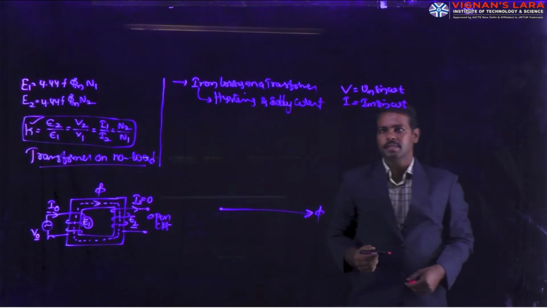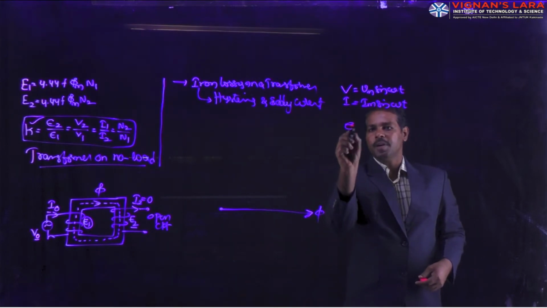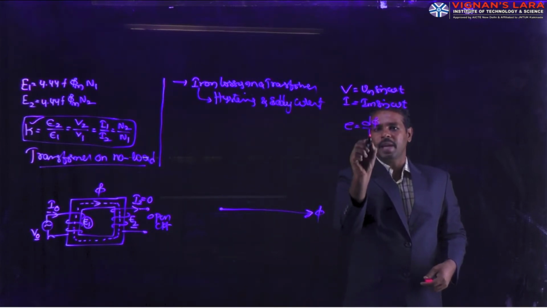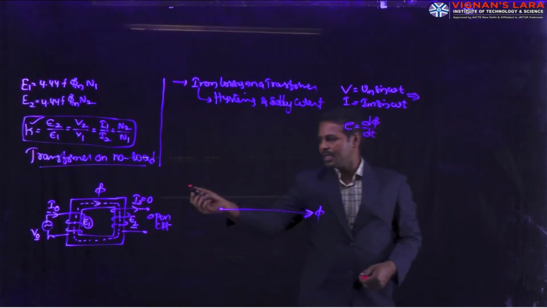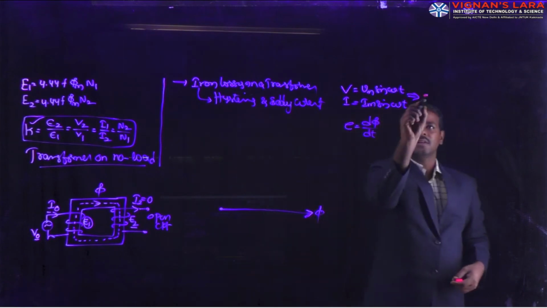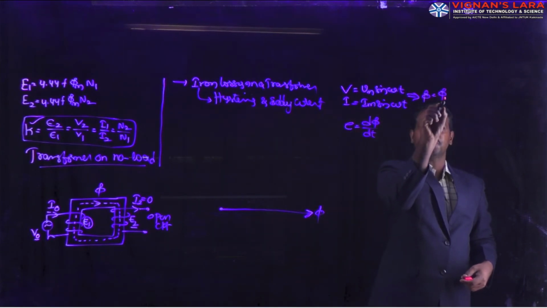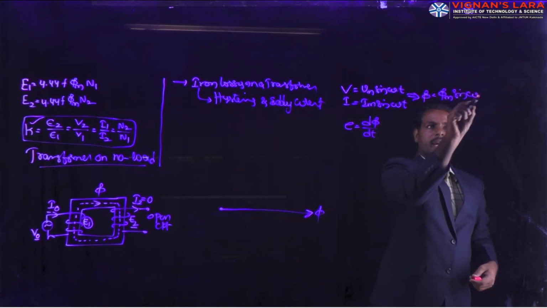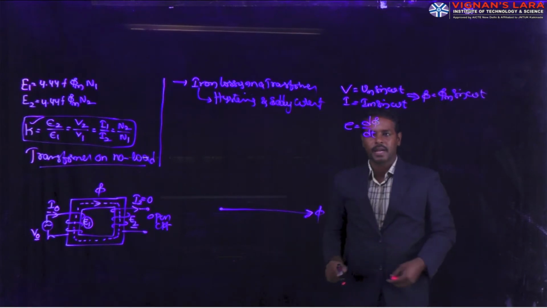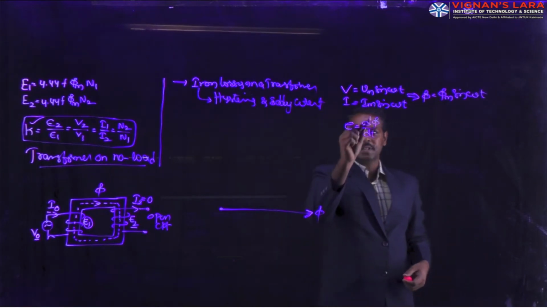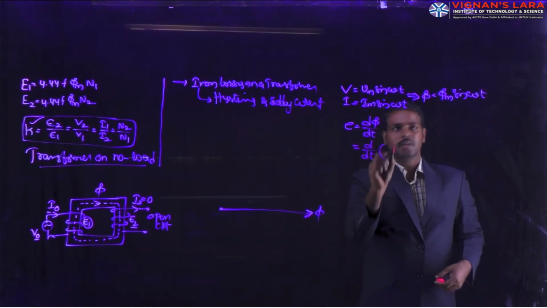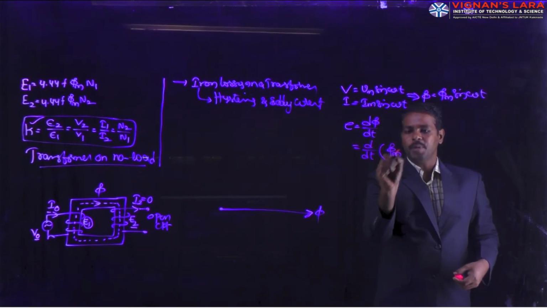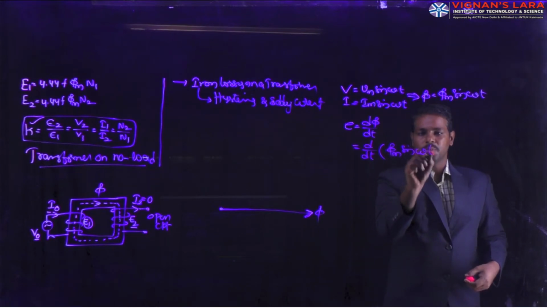Then the induced EMF E is equal to d phi by dt. In a similar fashion, whenever the flux is generated in a primary winding, phi is equal to phi m sin omega t. So the average induced EMF is equal to d phi by dt, which is d by dt of phi m into sin omega t.